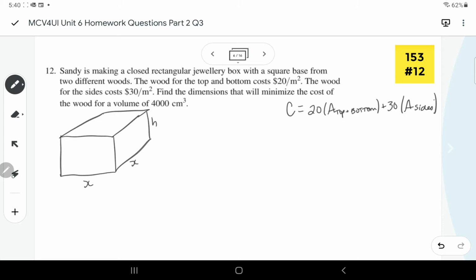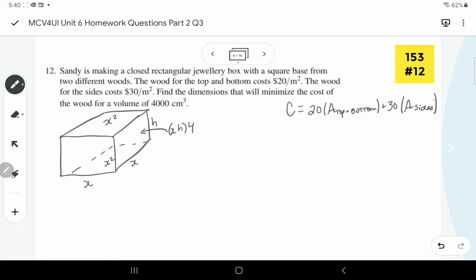And we'll just kind of write it out like that, that's going to be my general equation of what I'm going to find. So the area of the top and bottom would be x squared, and then the bottom also is x squared, and then each of the four sides would be xh times 4.